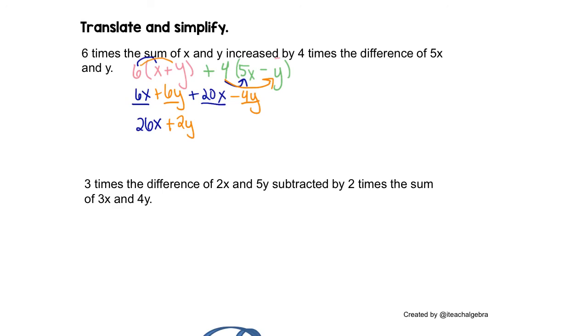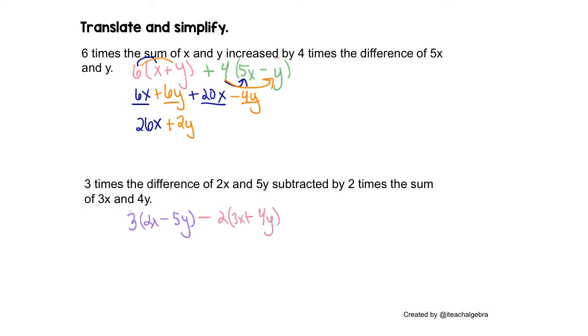Last one is for you, get to it. All right, we've got 3 times the difference. So 3, parentheses with a minus in the middle, 2x and 5y, subtracted by 2 times the sum, parentheses with a plus in the middle, of 3x and 4y.